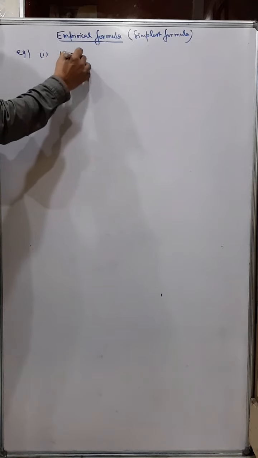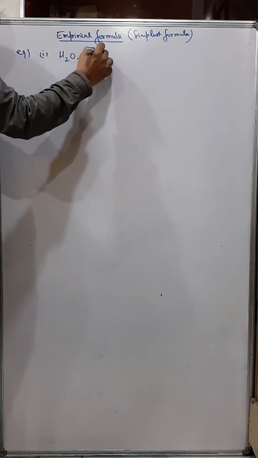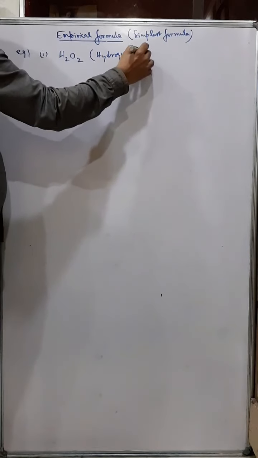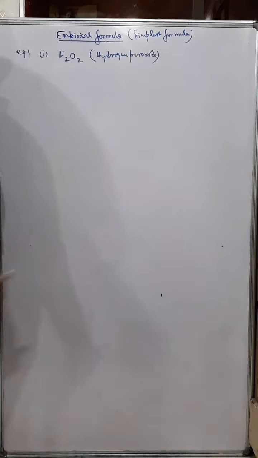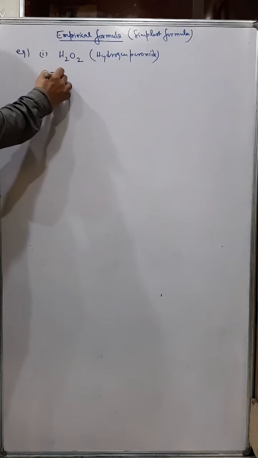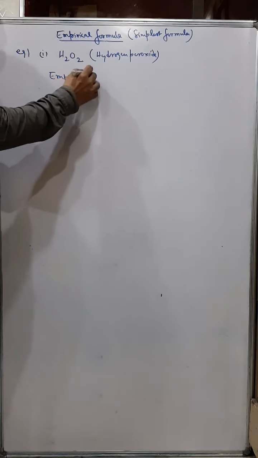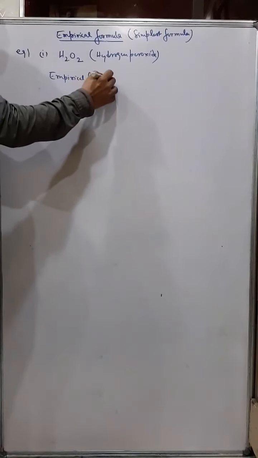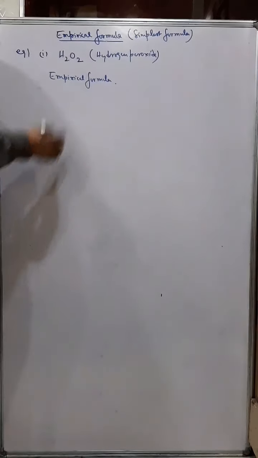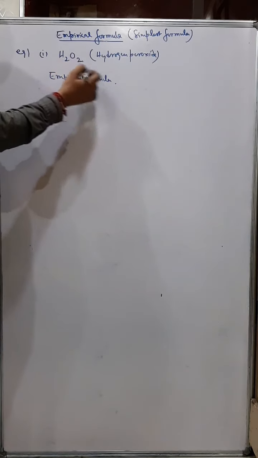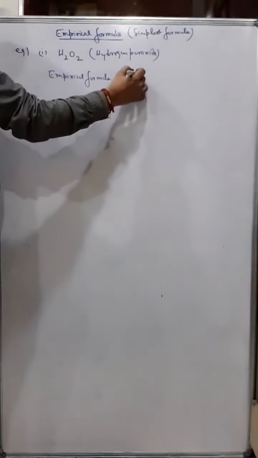So H2O2, this is hydrogen peroxide. If they ask me the empirical formula, then I'll cancel the terms, like 2 and 2 get cancelled, then the empirical formula becomes HO.